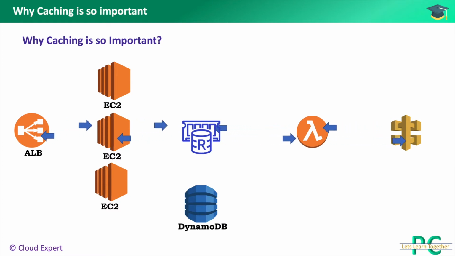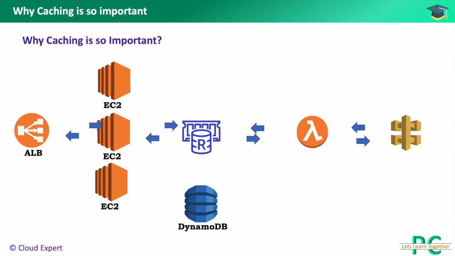So your application will read the request from Redis instead of going to the DynamoDB table. If the data already exists in the Redis cluster, it is considered a cache hit. It will serve the read request from the Redis cluster instead of going to the DynamoDB table.